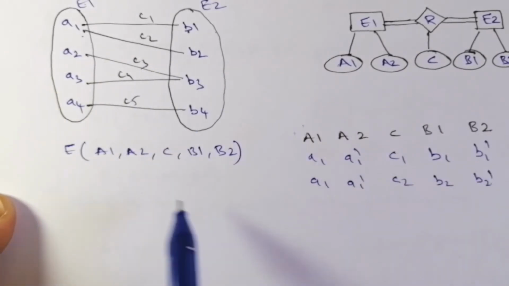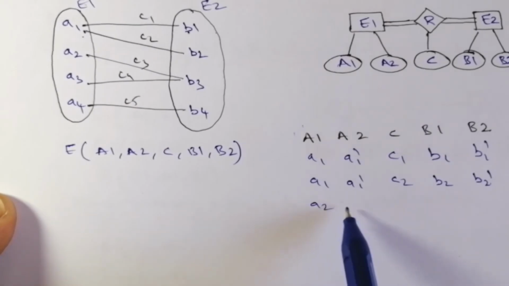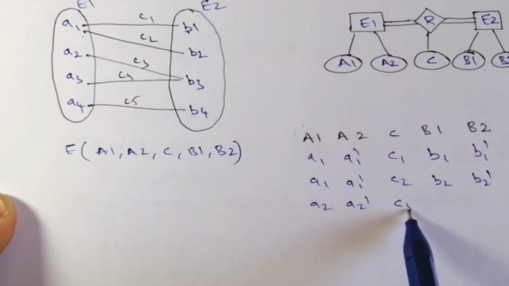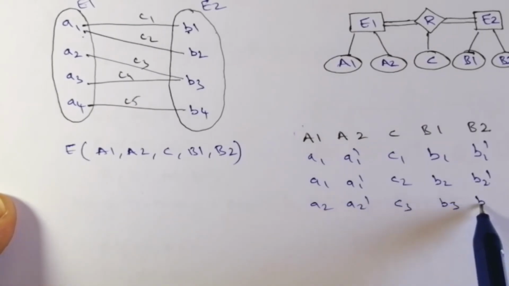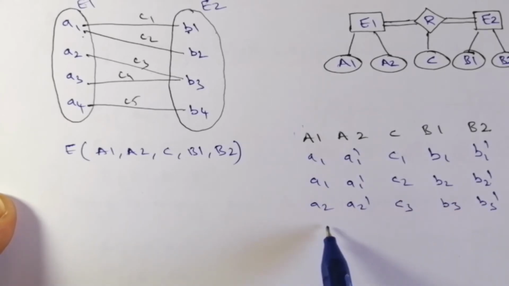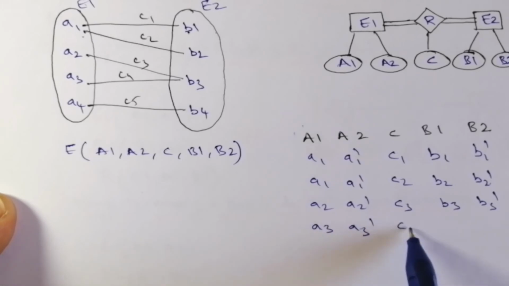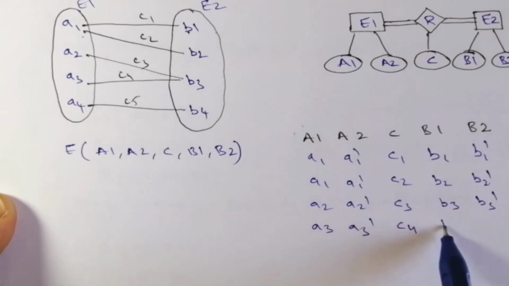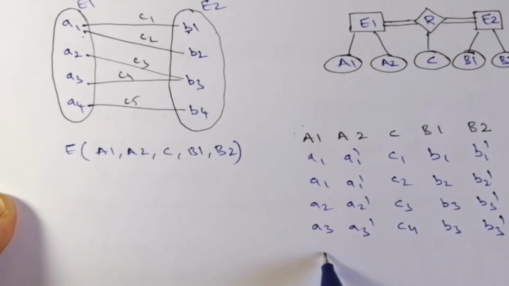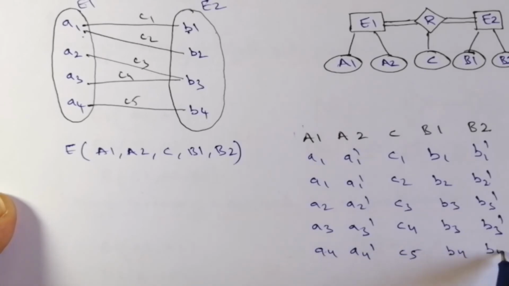And next is A2, A2 dash, C3, B3, B3 dash. And next is A3, A3 dash, C4, then B3, B3 dash. And next is A4, A4 dash, C5, B4, B4 dash.